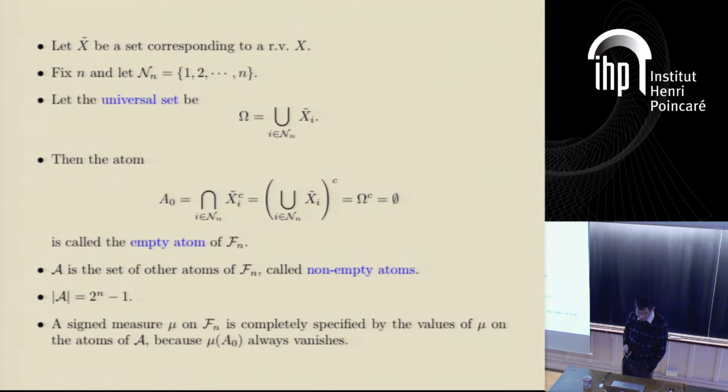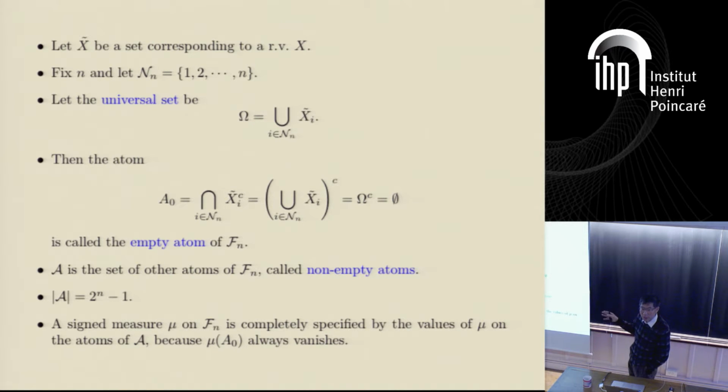So what it means is that, under this special setup, a signed measure mu on Fn is completely specified by the values of mu on the atoms of A. These are all the non-empty atoms, because mu of the empty atom A0 always takes the value 0, as we explained before.